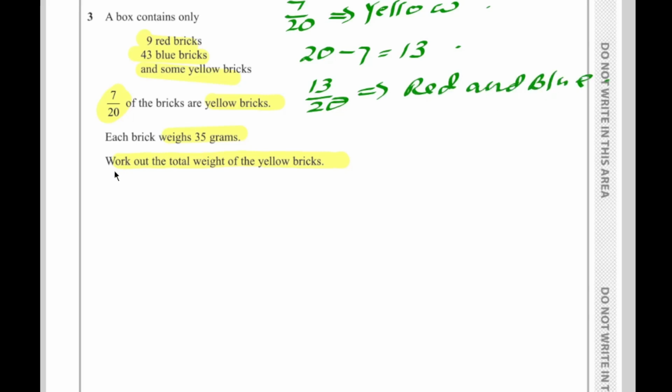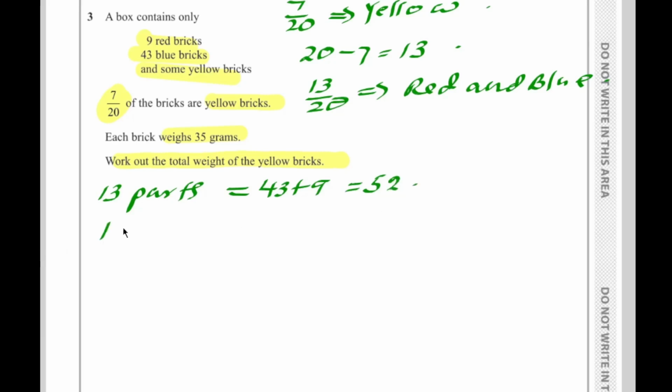Right? Then I can write a proportion like this. 13 parts is equal to, here how many bricks? Non-yellow. 9 plus 43, which becomes 52.